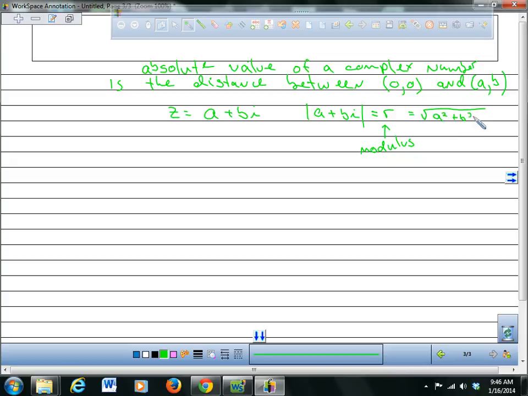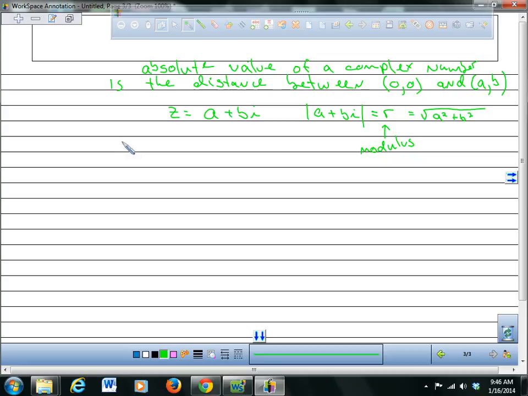So it's really what we've been doing. It's just taking a vector and putting it into a complex form, and it works the exact same way. Instead of i being the x component, i is now the vertical component, and a is the horizontal component. Okay?